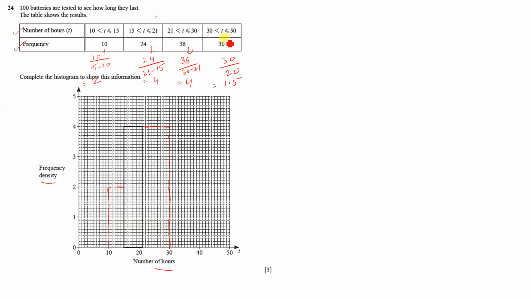And 30 to 50, the density is 1.5. So we have 1 somewhere here and 1.5. I think this is 1.5. So this is the rectangle from 30 to 50. So this is the complete histogram for this table.